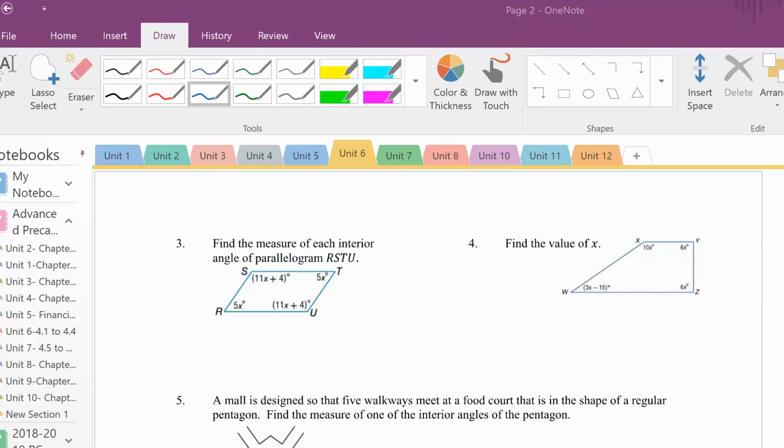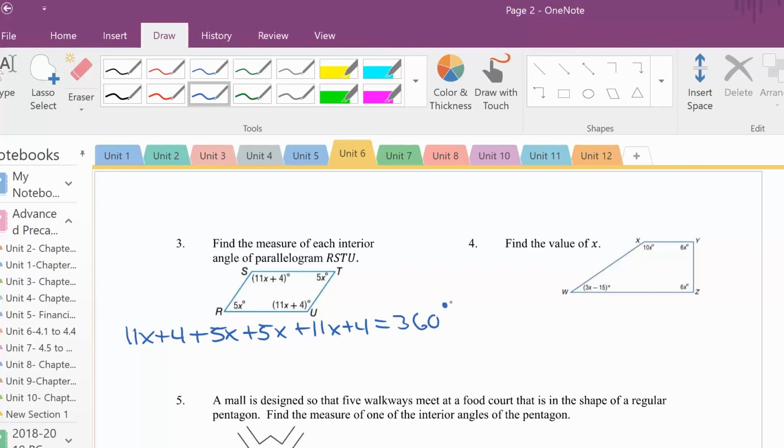So now looking at this one, the measure of each interior angle of parallelogram RSTU, well, it's a four-sided figure. So remember, the sum of the angles of a parallelogram is 360. So 11x plus 4 plus 5x plus 5x plus 11x plus 4 equals 360 degrees.